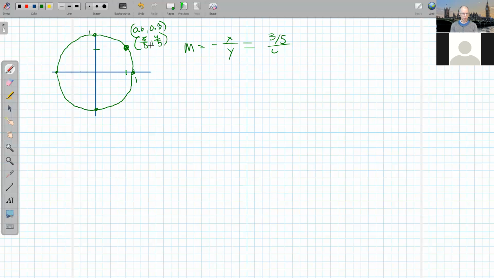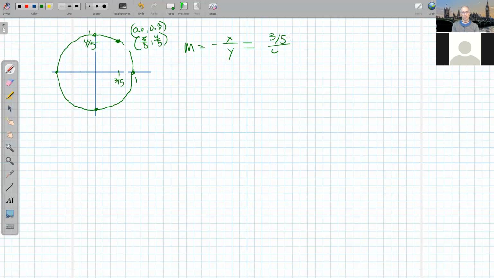Oh, I wrote those backwards. Oops. Well, that point's on the graph too, but it's not in that spot, it's over here. So I'll just switch points. All right, sorry about that. So here is 4/5 and here is 3/5.